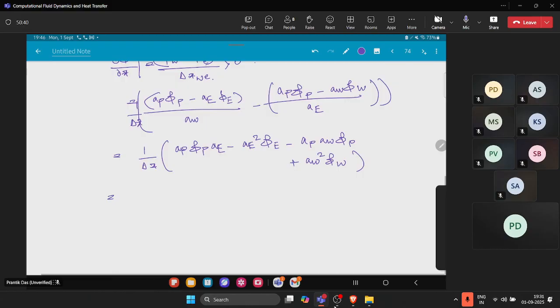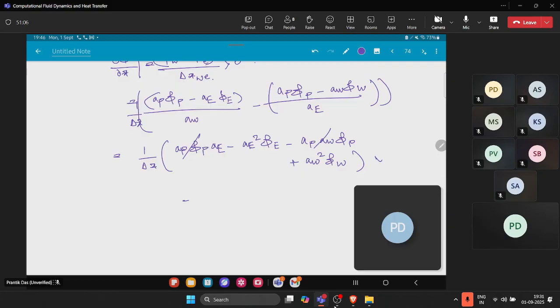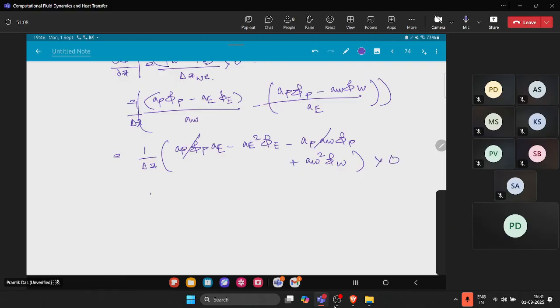This one becomes EP phi P minus EW, let's say phi P, it will get cancelled. So EE square phi E should be greater than AW square, or no, no, no, sorry. So if this one is positive, then AW square phi W should be greater than AE square phi E.